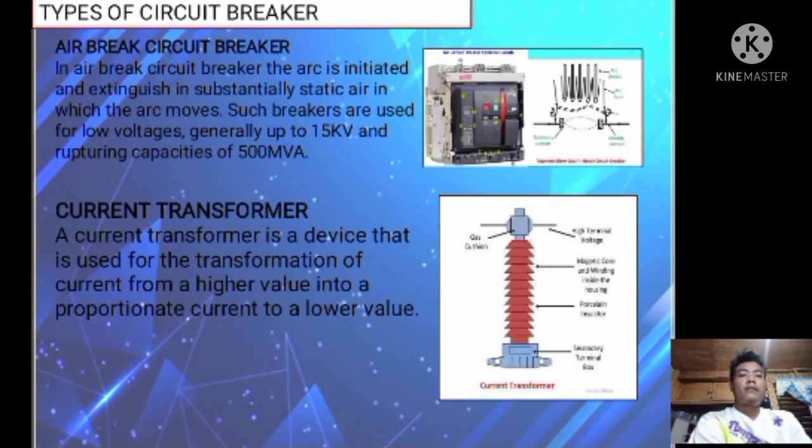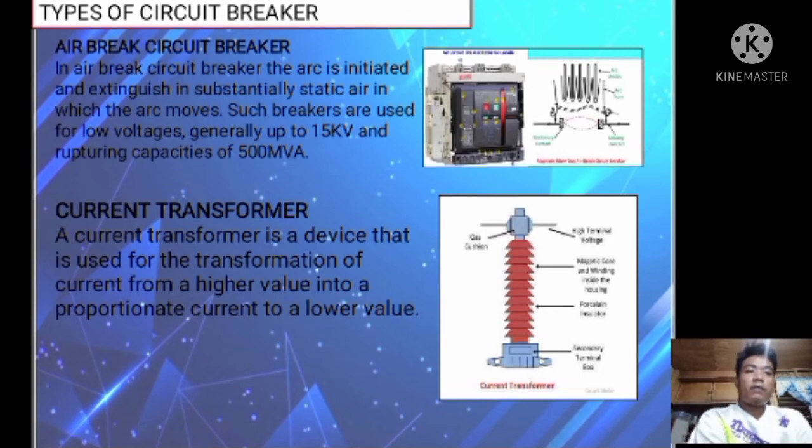Next, ang types air circuit breaker. So ang air circuit breaker, the arc is initiated and extinguished in substantially static air in which the arc moves. Such breakers are used for low voltage, generally up to 15 kilovolt and rupturing capacities of 500 MVA.